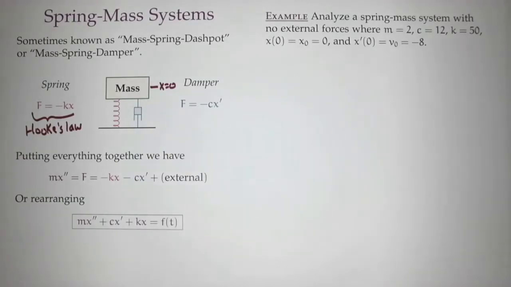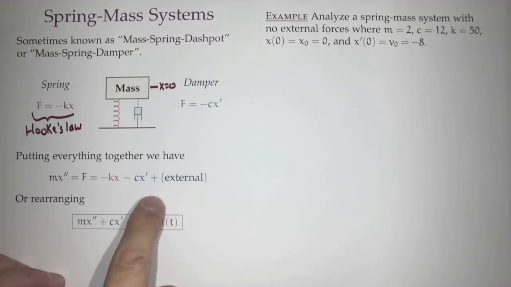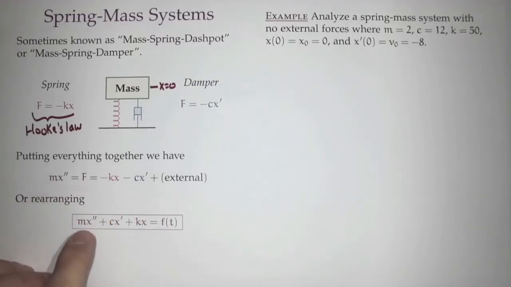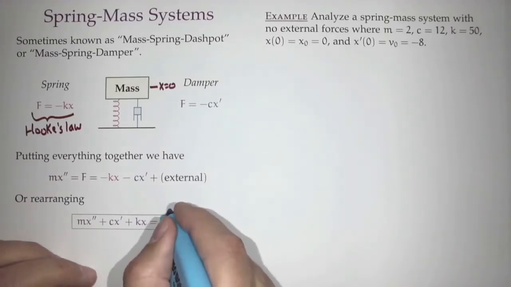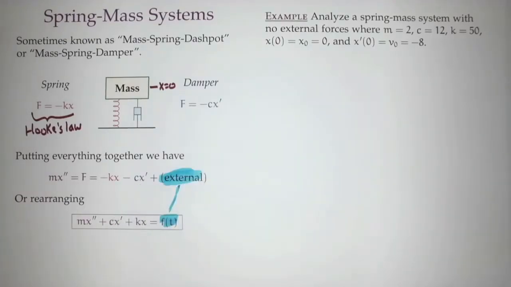So now we just rearrange. We have mass times the acceleration, that's the force. Combine that with the force coming from the damper and the force coming from the spring, and that is equal to F of t. This F of t is the external part. For what we're going to talk about today, we're not going to worry about F of t.